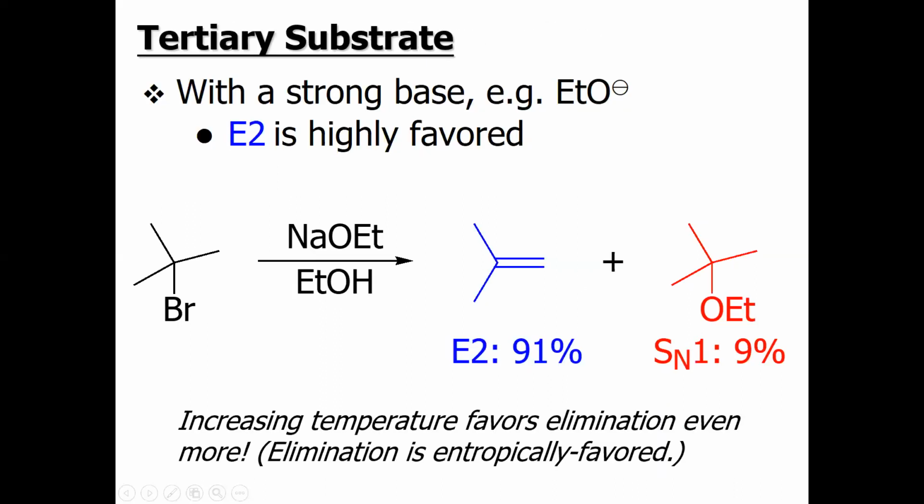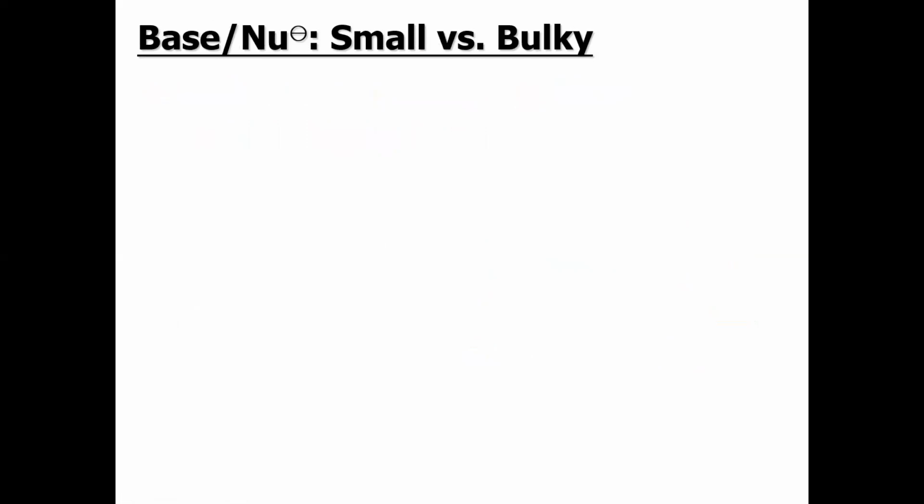Very important point: increasing the temperature also favors elimination even more. Meaning if you increase the temperature, you have a smaller percentage of the substituted one, or you can go higher than 91 percent.